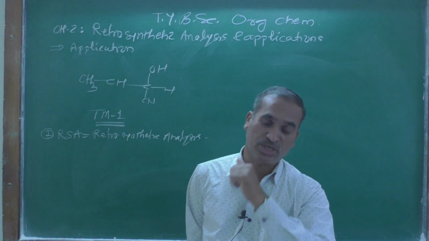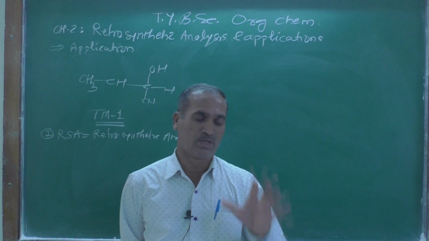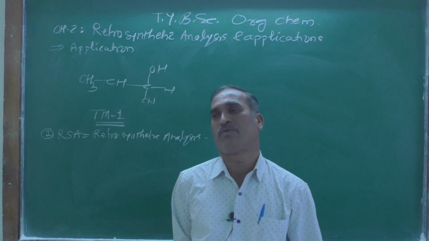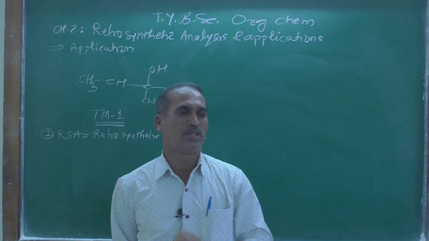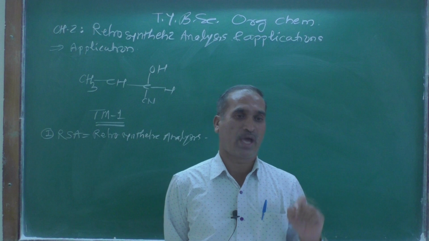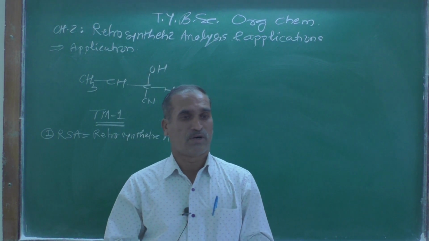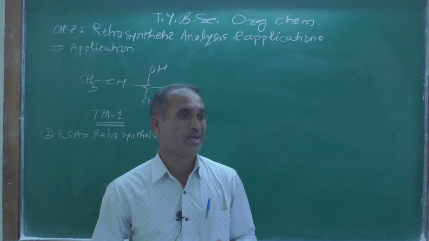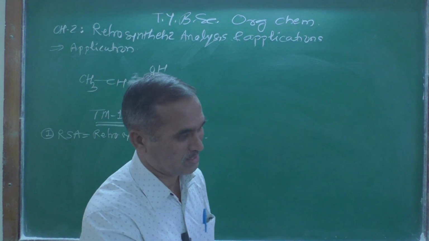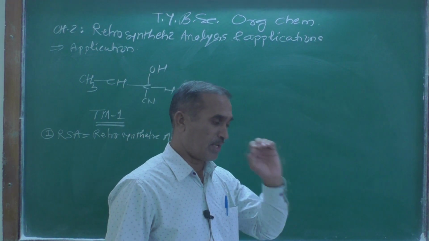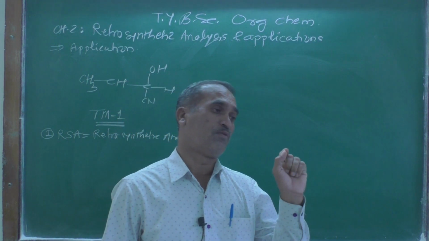Remember, and tertiary alcohol, how do you prepare tertiary alcohol? If your target molecule has only one functional group, then you can approach it from different aspects, but the first aspect is that you should identify the functional group.